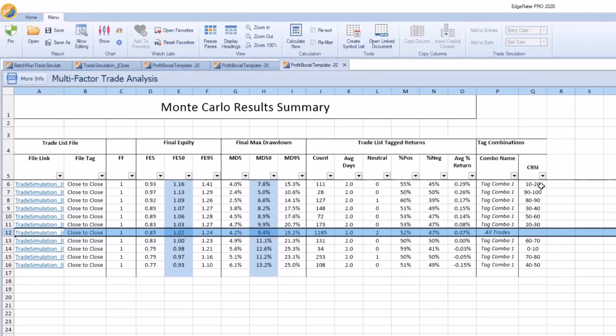But then if you chose to only trade when the Connors RSI was between 10 and 20, you ended up with 1.16 final equity out of 111 bars, 55% positive, 45% negative, with an average return of 0.29%. Now, some of these were negative. Final equity being less than 1 indicates a negative final result, and also had higher drawdowns.